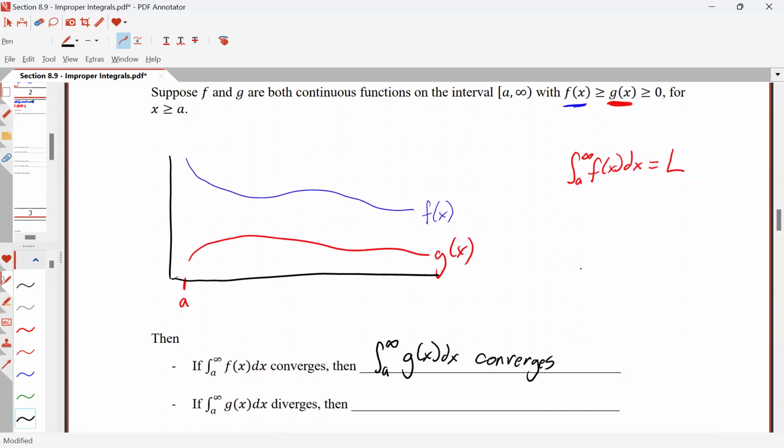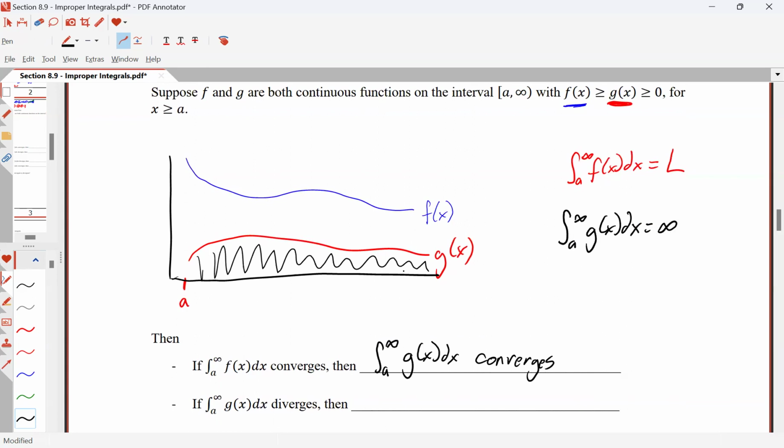And then if the integral of g of x diverges, meaning it's an infinite area, or somehow the limit does not exist in another way. Most often, the limit is infinite. So most often, we'd have the integral of g of x dx equals infinity.